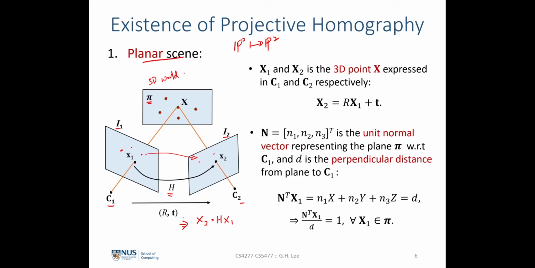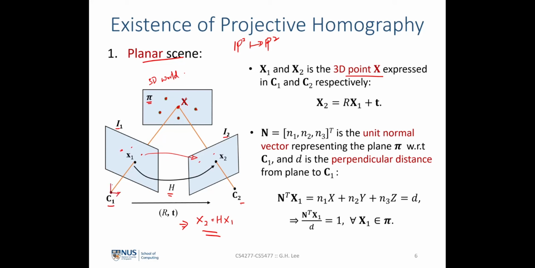And now let's derive this particular relationship here. Suppose that capital X1 and X2 are the 3D point X. So I have this 3D point which I denote as capital X over here, and what X1 and X2 mean here is that I'm representing X in the first camera frame.